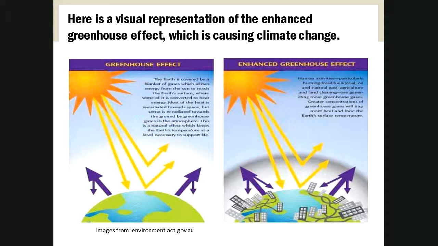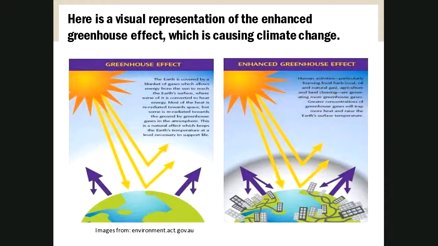Okay, if we look at trying to understand the greenhouse effect, basically it's like putting a blanket around yourself. If the blanket is thick, you get hotter. If it's a thin sheet, it's not so hot. So basically the same principle applies. The sun hits the earth, the heat radiates off the earth and goes back into the atmosphere.